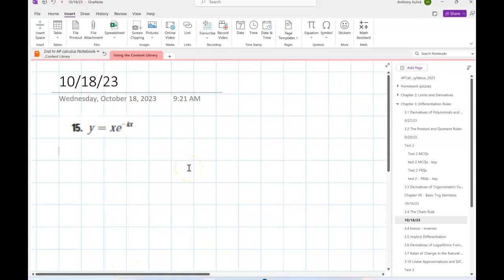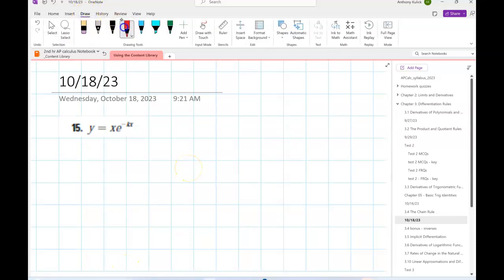So when I look at 15, what do I first need to do to take the derivative of x e to the negative kx? What's the first derivative rule that needs to come into play?